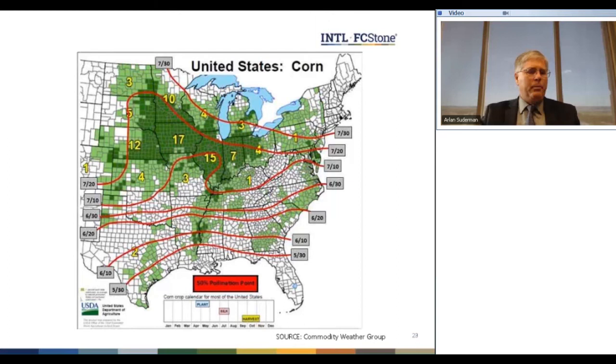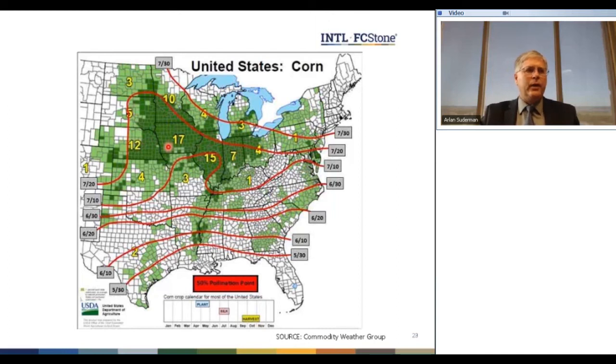So I would say that the biggest concern while we're looking at this is the heat and dryness has been focused in here, but the heat is spreading into much of the rest of the Midwest, but most focused here. If you look at the 15-day outlook, basically South Dakota, Nebraska, and western Iowa are expected to stay pretty dry during that period of time.